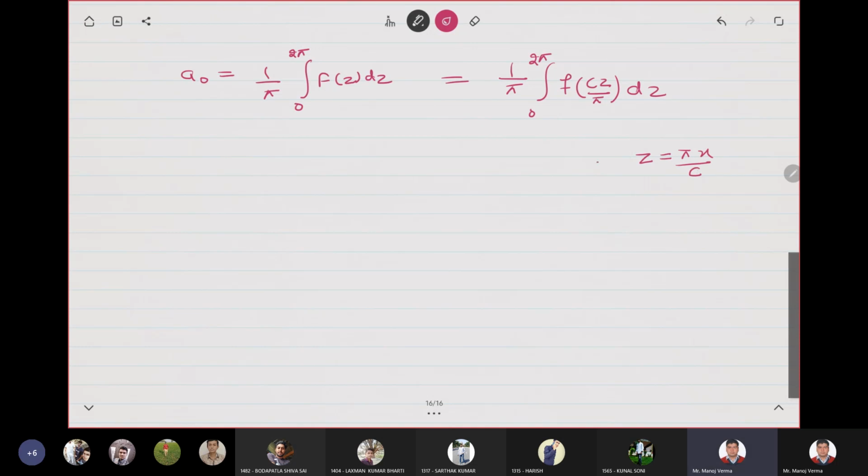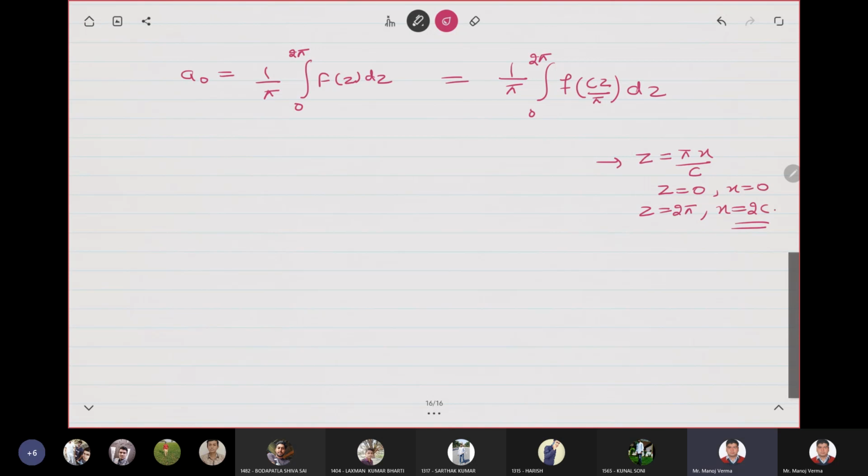If I insert z is equal to pi x by c, the limits will change: when z is equal to 0, x will be equal to 0, and when z is equal to 2 pi, you can see the value of x will become 2c.